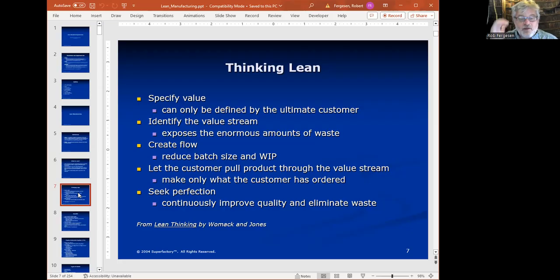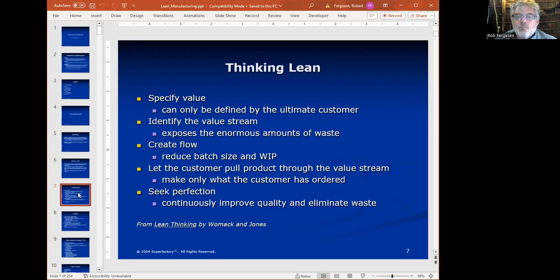Theoretically, lean also means you're going to be creating flow. Flow means you don't have products sitting in discrete steps with delays in between each step. Flow conceptually means that you're running products smoothly through a facility without batches and without WIP, which stands for work in process. That means without products sitting there in the middle waiting to be used.